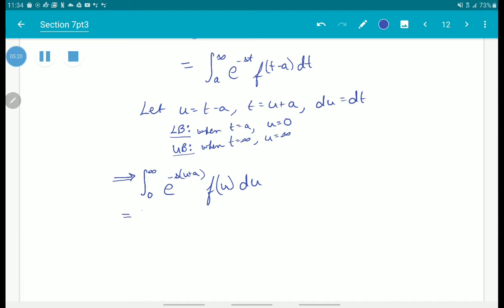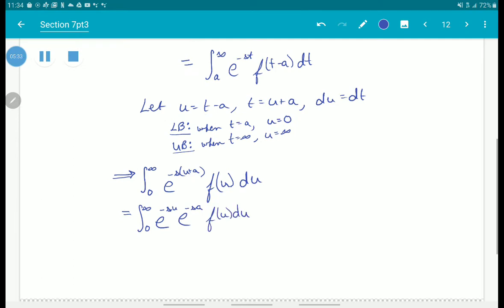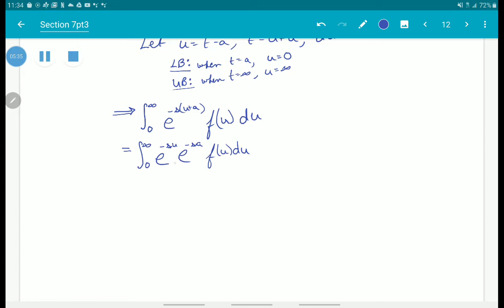So I'm going to do a rewrite here on that exponential piece. This is e to the negative su, e to the negative sa, f of u du. Now, this guy's just a constant, so let's pull it outside.